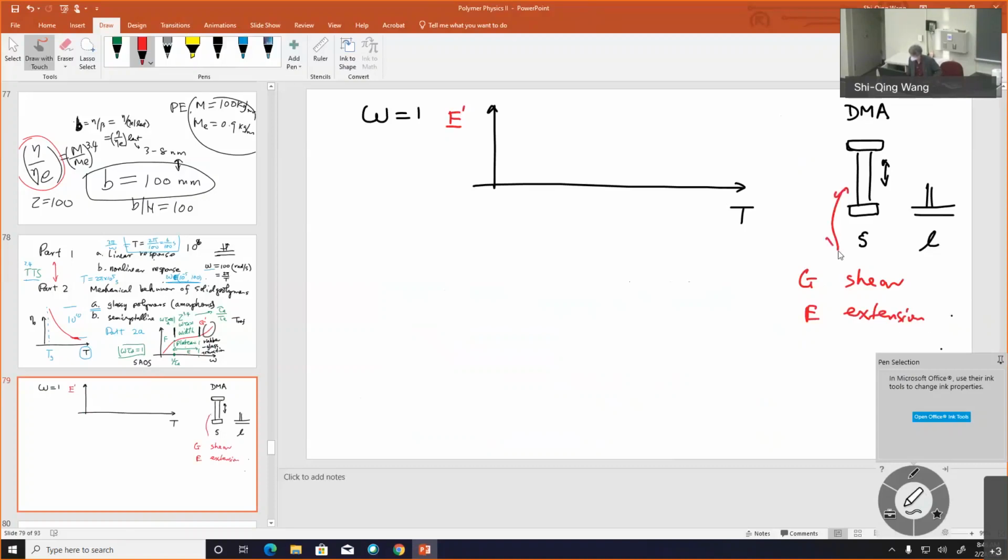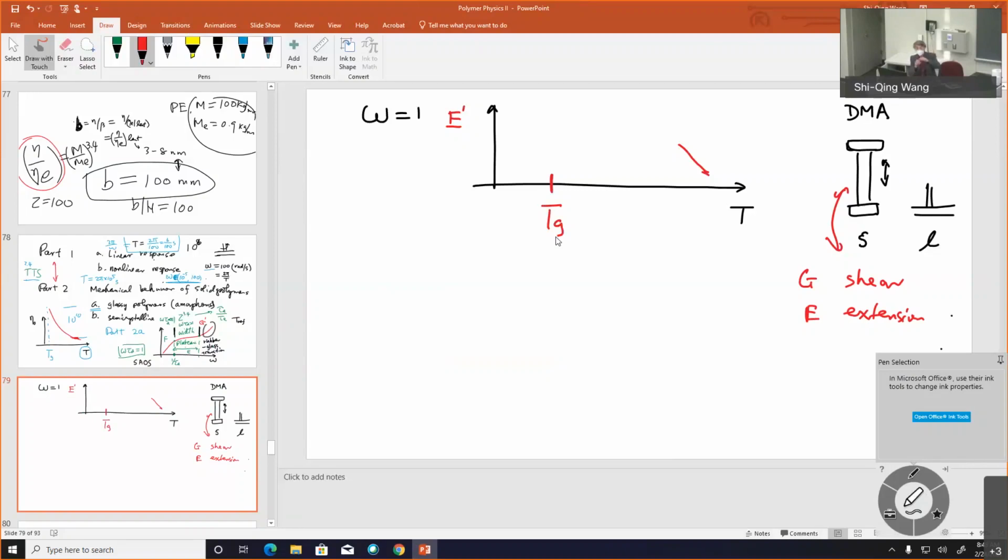So imagine you could do it. Then you can see this part, that's liquid. Let's just be fair. So we can say, maybe my Tg is here, which means above Tg, it's liquid-like.